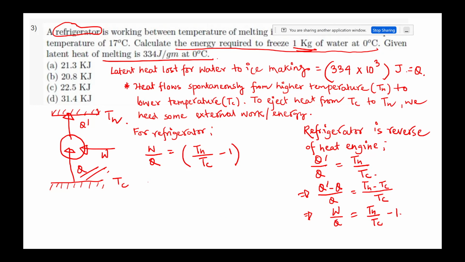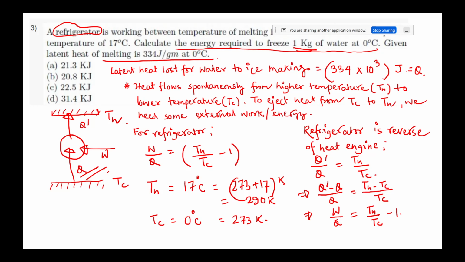Now Th, the hot outer temperature, is 17 degree centigrade. That means 273 plus 17 Kelvin, that means 290 Kelvin. And Tc is 0 degree centigrade, that means 273 Kelvin. Now do this calculation and tell me what is the energy required.